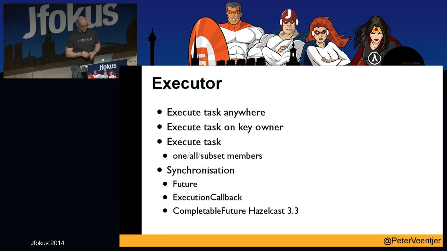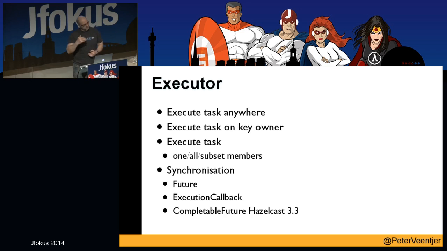The other cool thing is that you can also say, I want to execute this task on one or all or a subset of members. And what you can do with it is the following. Imagine you have all kinds of tasks which need to be executed, and you want to do load balancing. What you could do is every member is going to put in the hash map its load, memory usage or CPU usage, and publish it every 5 seconds, for example.